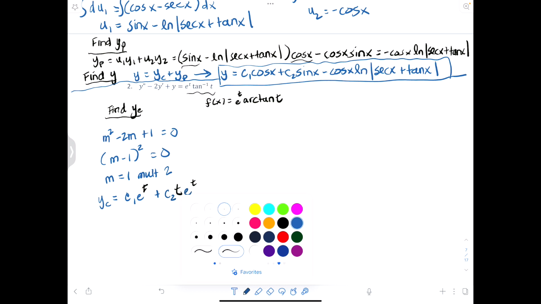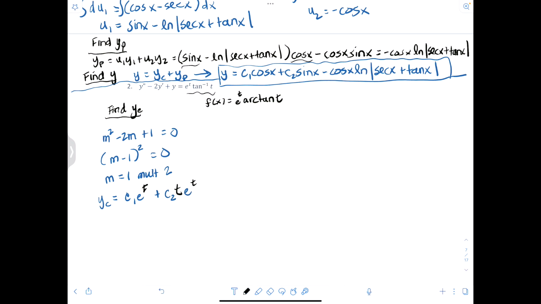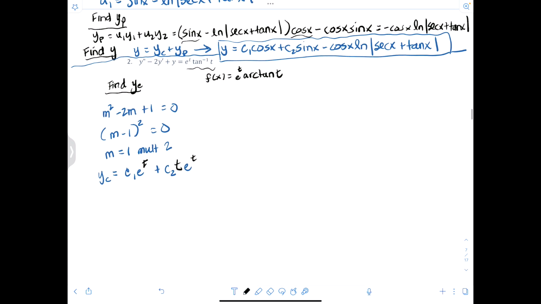Okay, so now we want to find our Wronskians. So we can let y1 equal e to the t. So y1 prime will be e to the t.